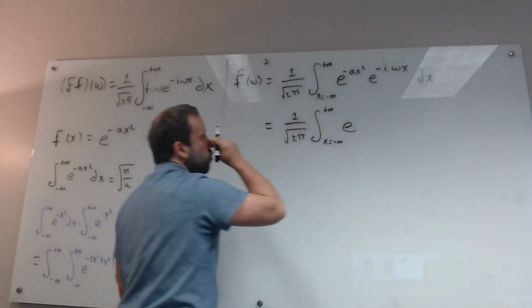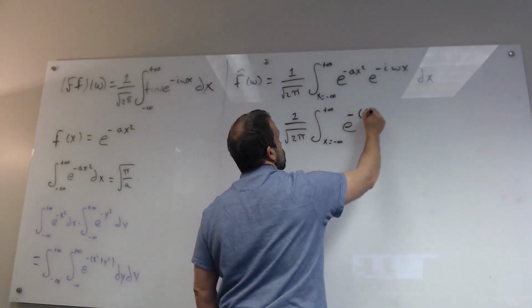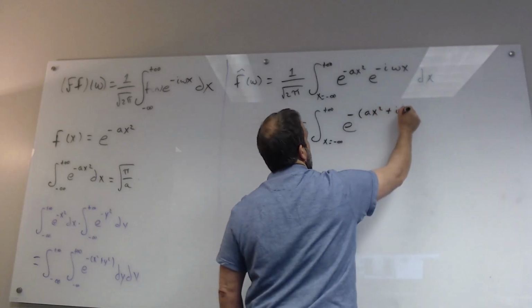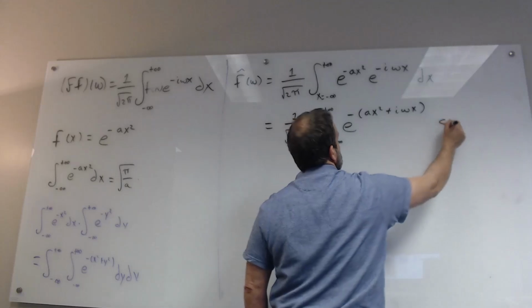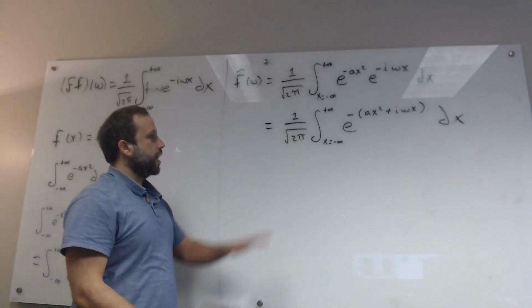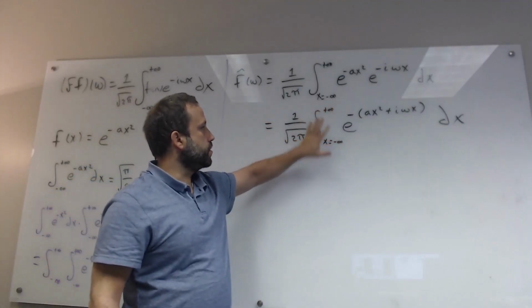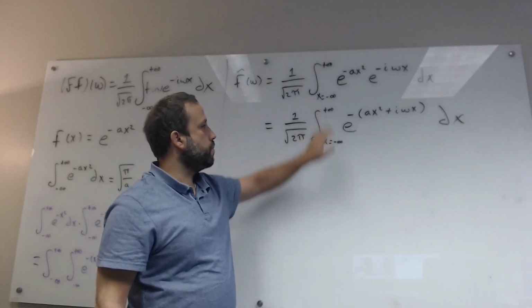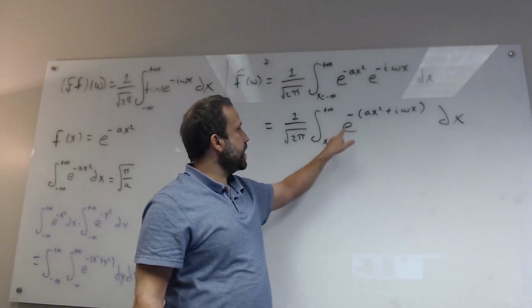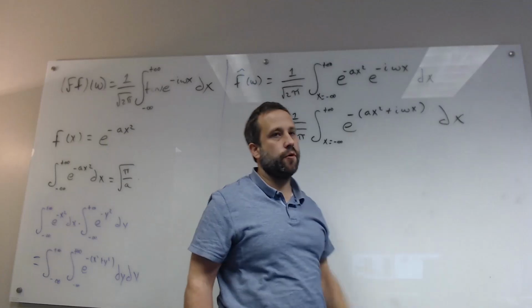Combine this into one exponent: it's minus, in parentheses, ax squared plus i omega x, dx. So we're integrating an exponential function, and the thing in the exponent is minus (ax squared plus i omega x).